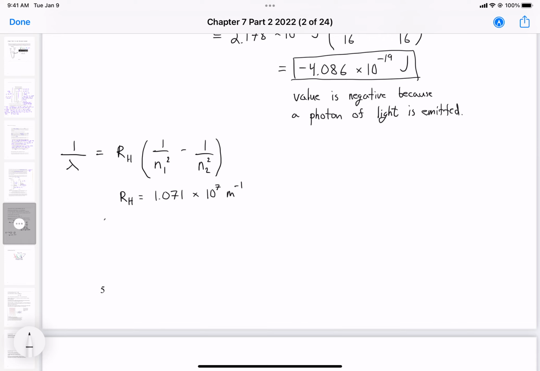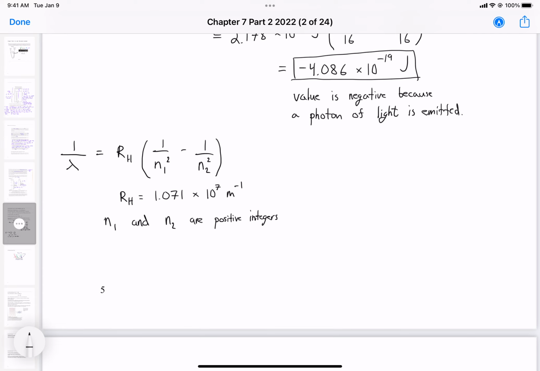Okay, there are some things we should go over here. N1 and N2 are integers, and they're positive numbers, so we can say they're positive integers. They can have values of 1, 2, 3, 4, just positive whole numbers.